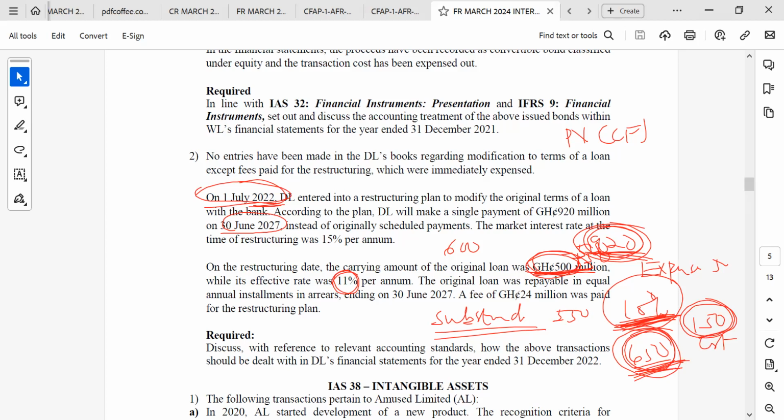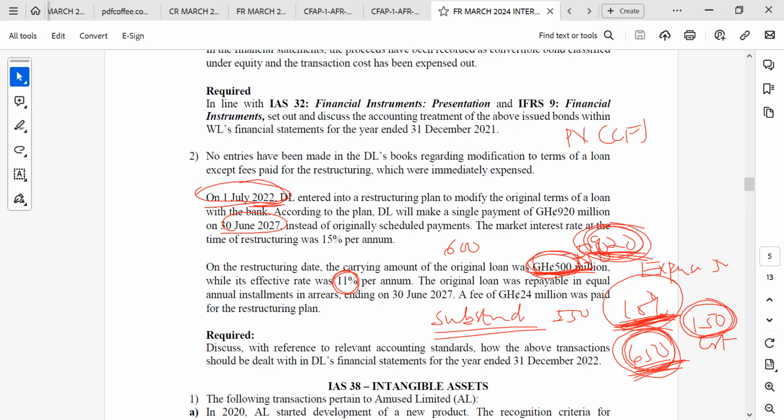You are not receiving additional cash. It's an amount that you are paying. So if it is substantial, you recognize a gain or loss and bring in the new loan, and remove the old one. If it is not substantial, you keep the old loan, add the increment and treat the increment as an expense or a gain. That's how we go about it.